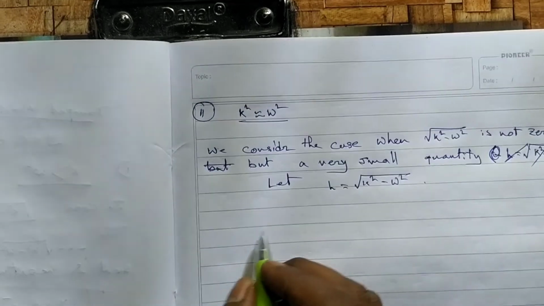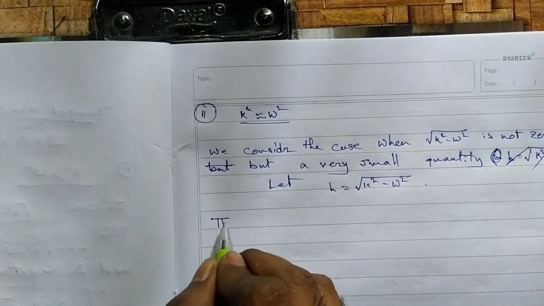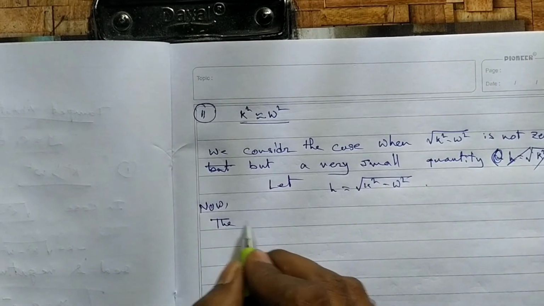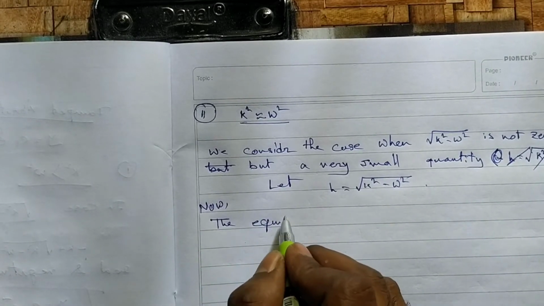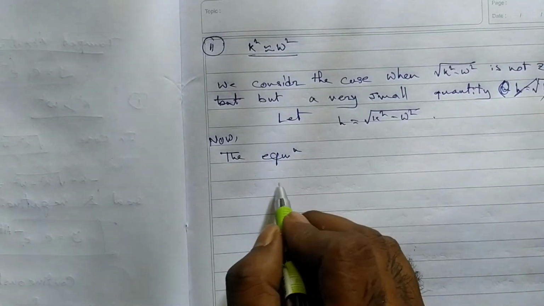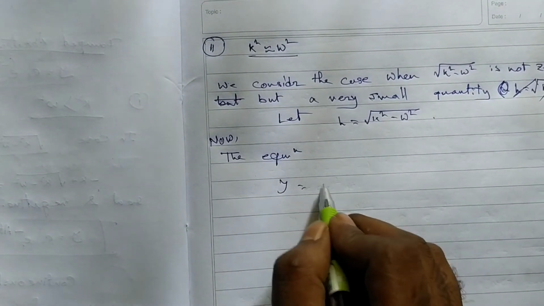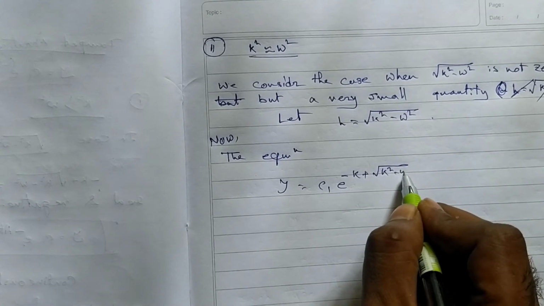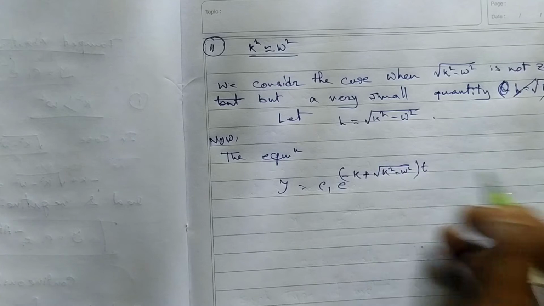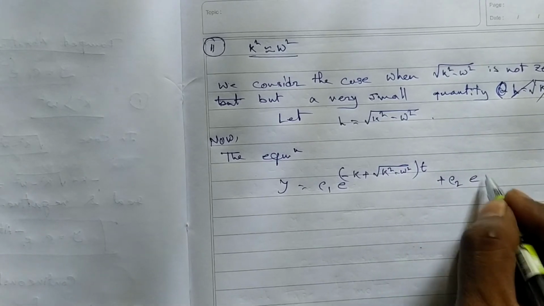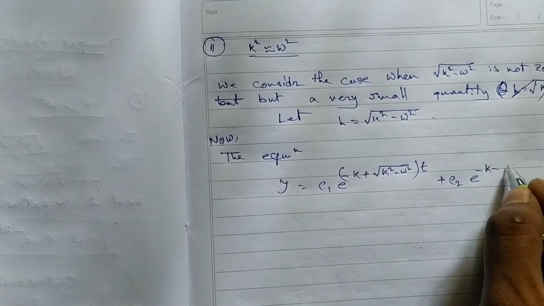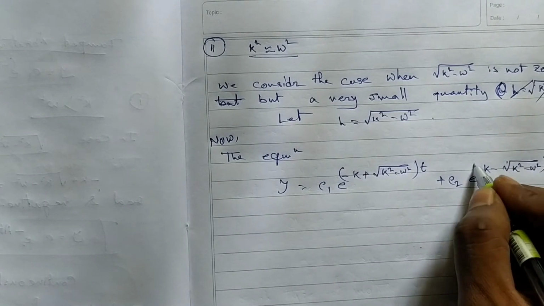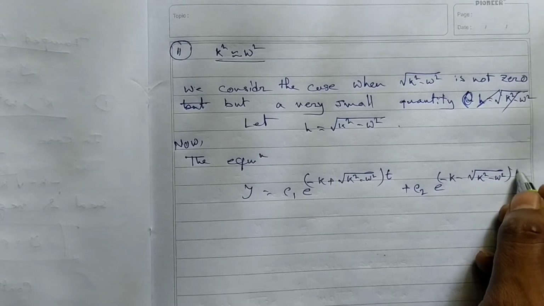Is it clear? Now from this equation, we already have y is equal to c1 e to the power minus k plus root under k square minus omega square into t plus c2 e to the power minus k minus root under k square minus omega square into t.